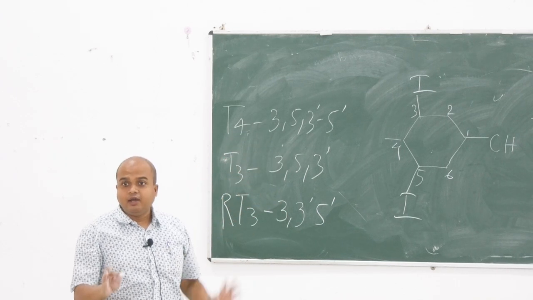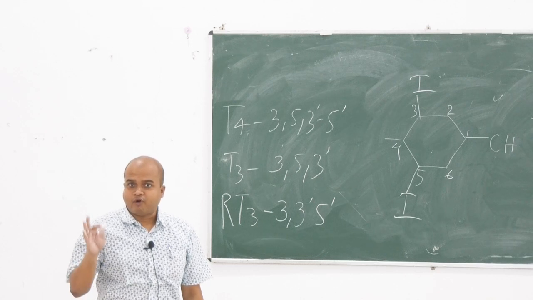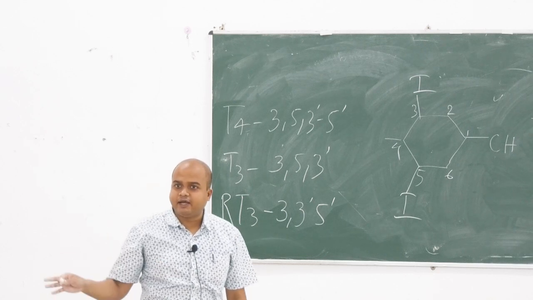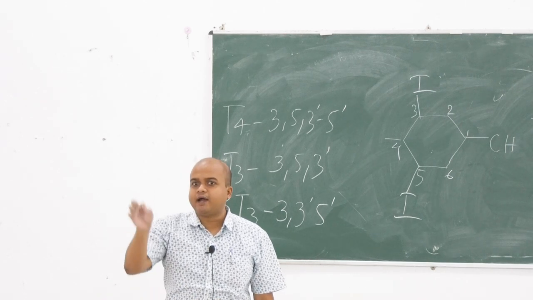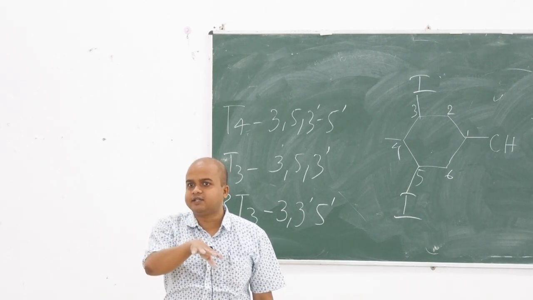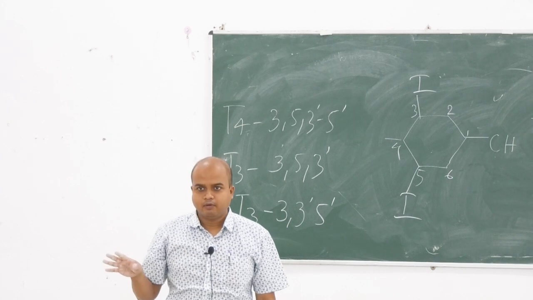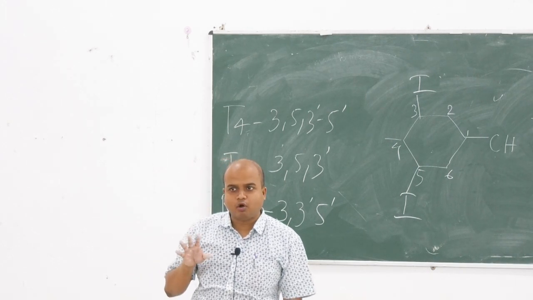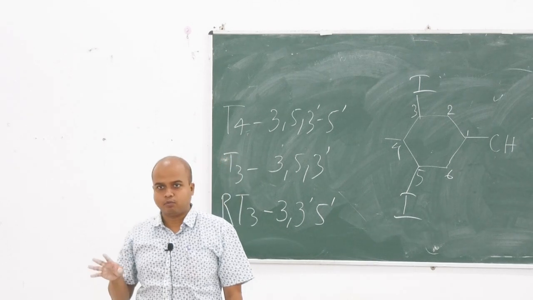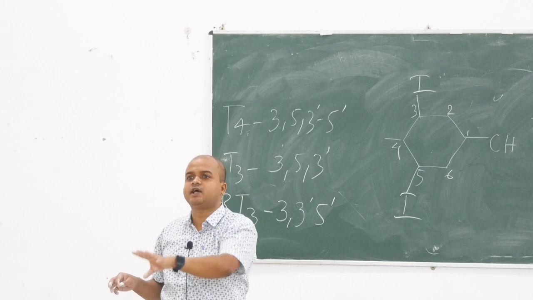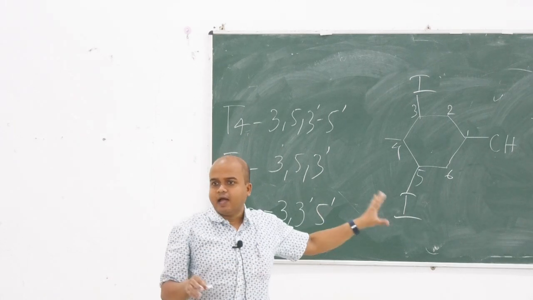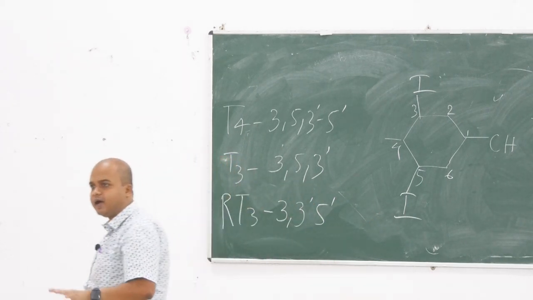Only fifth will not happen. First it will attach to third, and then DIT will be formed. Remember this: attachment only to the fifth position without attaching to the third will not happen. The chemical reaction will not occur like that. Why? You don't know, that is not our concern also. Attached to the third position it is MIT, monoiodotyrosine. Attached to the fifth position as well it is DIT, diiodotyrosine.